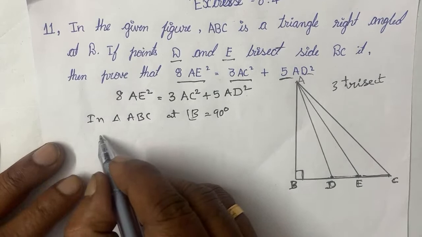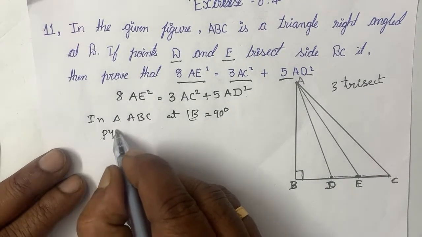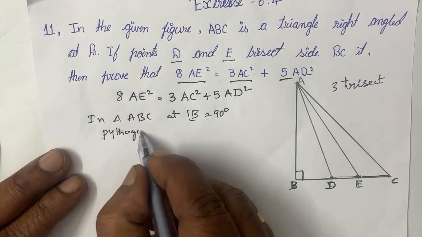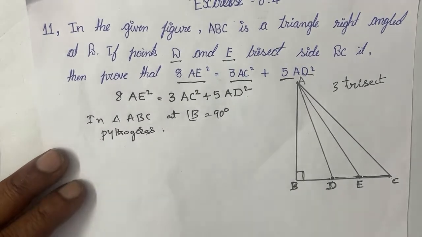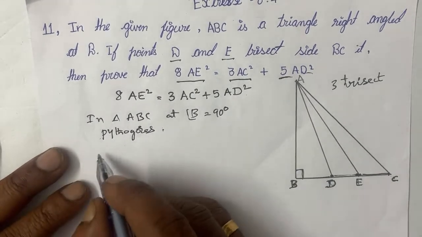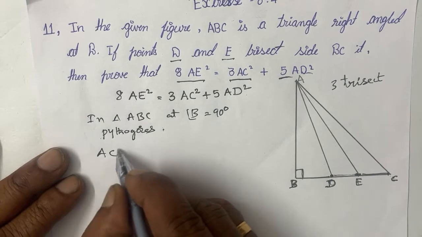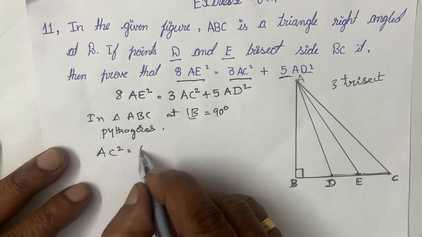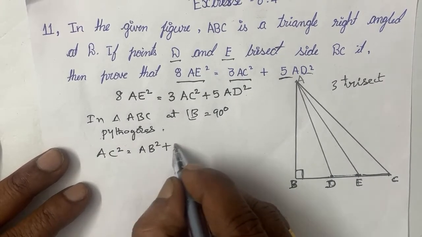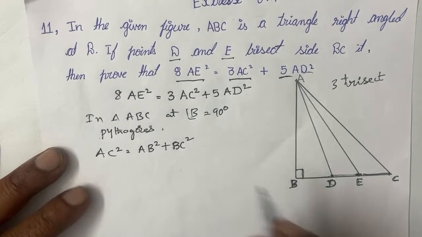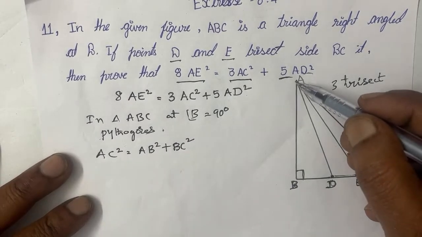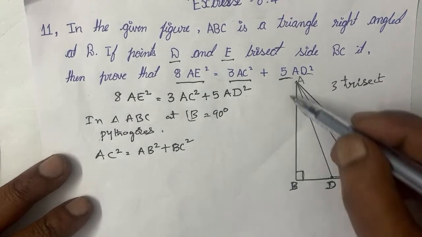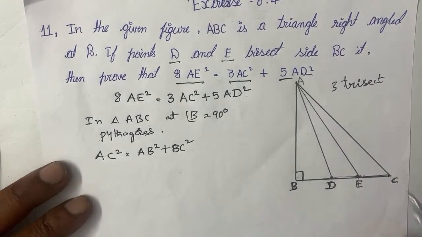So we can apply the Pythagoras formula here. After applying it, AC square is equal to AB square plus BC square.